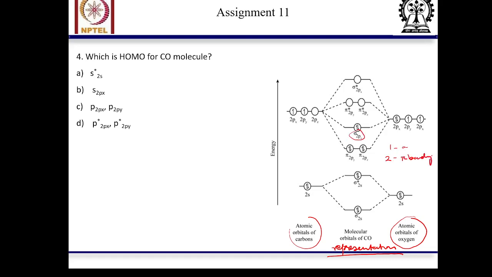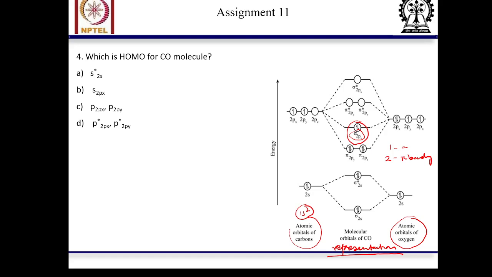So your sigma 2px is basically the highest occupied molecular orbital. Carbon has 6 electrons, 1s2, 2s2 and 2p2. Oxygen has 1s2, 2s2 and 2p4. If you fill sigma 2s, sigma star 2s up to 4, then 8, the last two will fill in the sigma 2px. So this is the highest occupied molecular orbital.